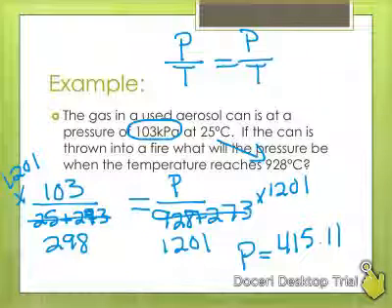Now if we look back at the problem, how many sig figs do I get to keep? 2. So how do I round 415.11 to 2 sig figs? 420. And what's my unit? Kilopascals. And I know that it's getting harder to see because there's that little hand right there. The smallest.